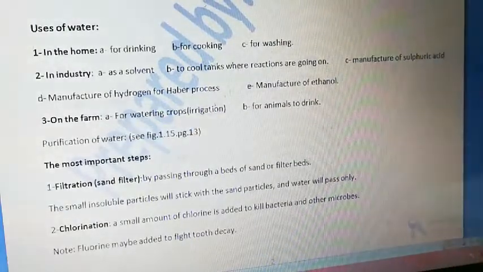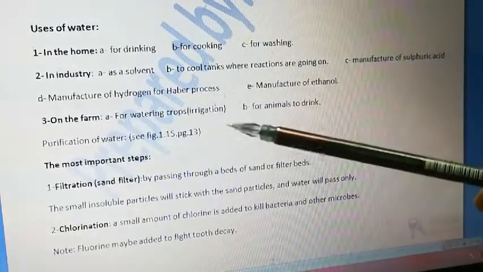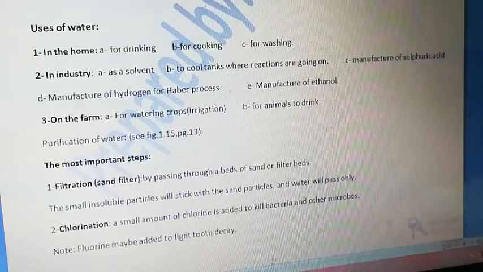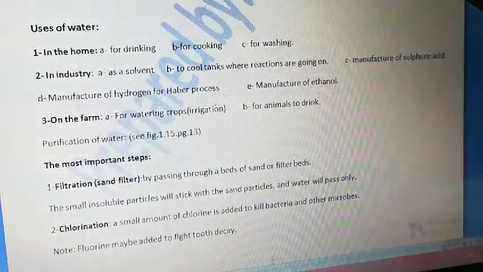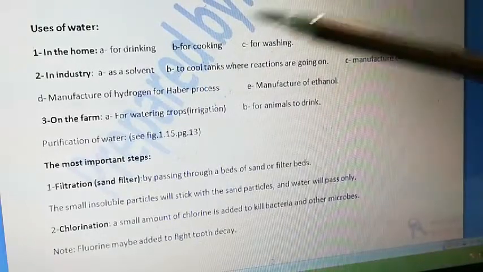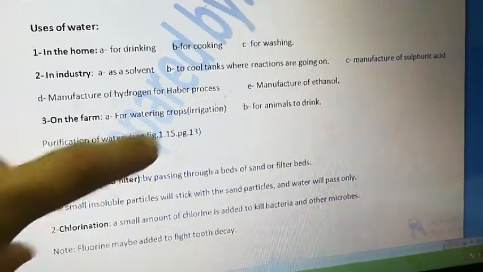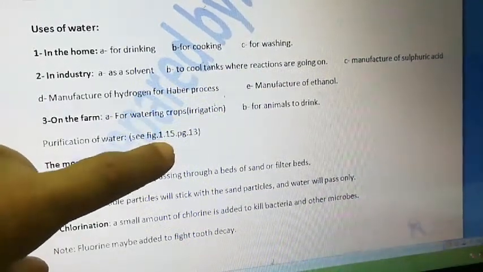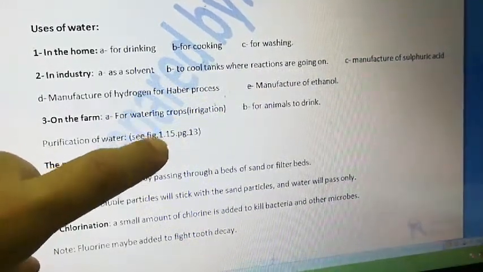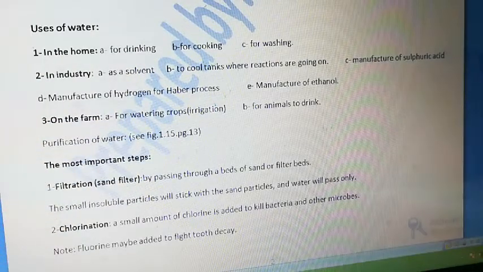On the farm, of course, for watering crops and for animals for drinking, and you can add any other logical use of water in any farm. Now the purification of water in this figure in page 13, not necessary to know the details of this figure.